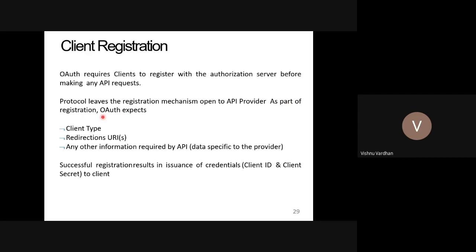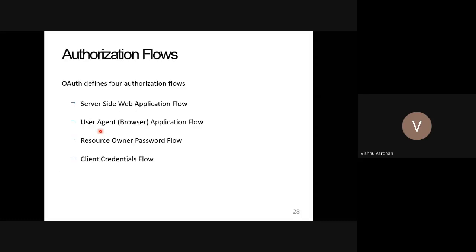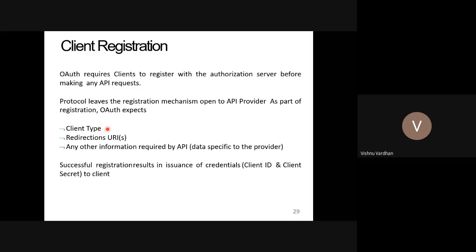Now OAuth expects the client type, which means the different ways of doing the connection, then the redirection URLs, and any other information required by the API. All these are expected to have a seamless integration between the resource owner, the resource provider and the authorization server.